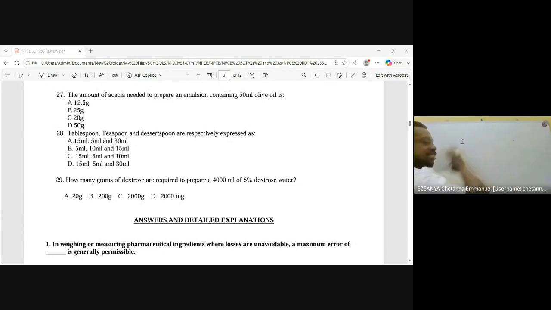All these things we are calculating revolve around this, whether it is a solid dosage form or a liquid dosage form, no matter the dosage form. It's all about the relationship between the active ingredient and the entire product. So the product here now is the capsule.